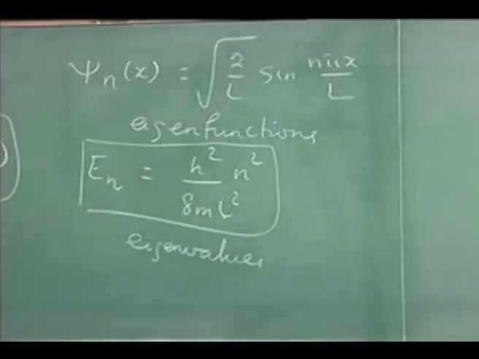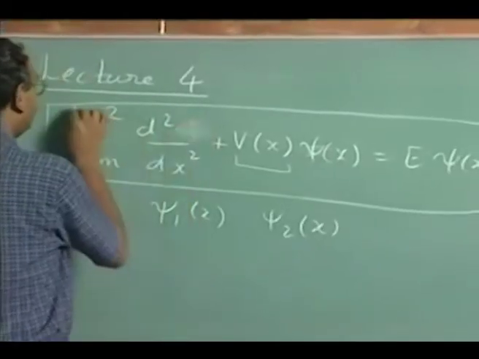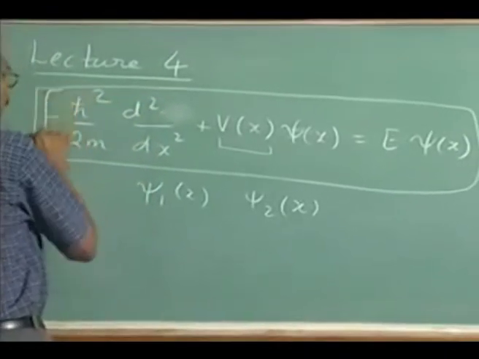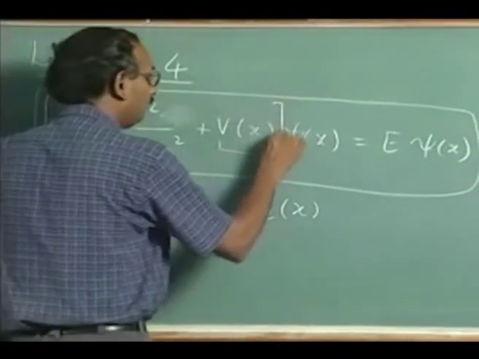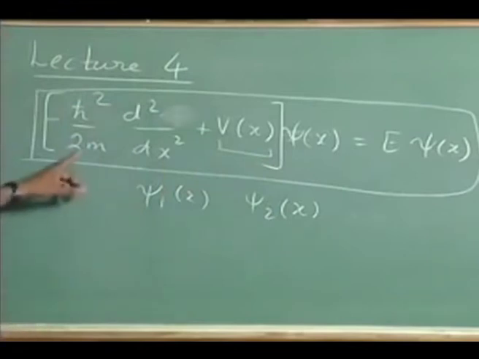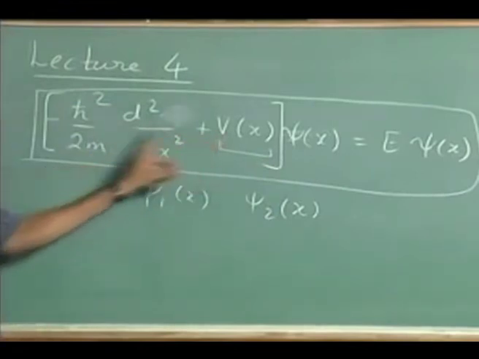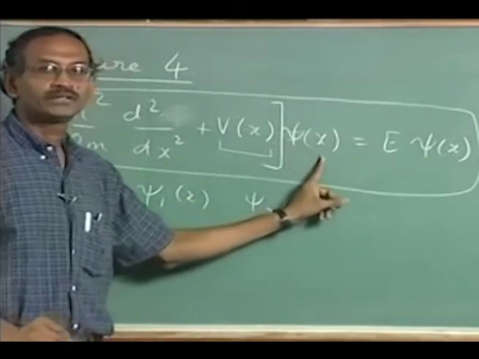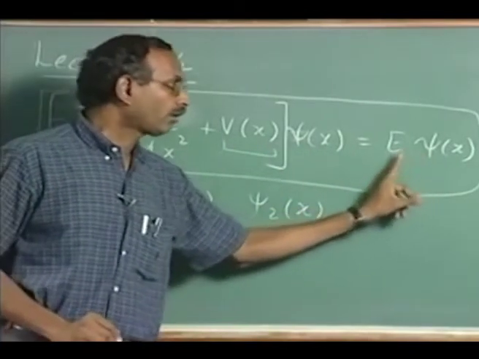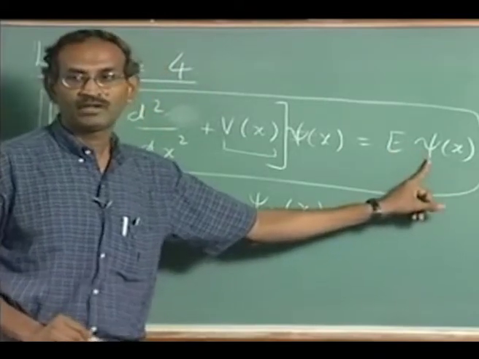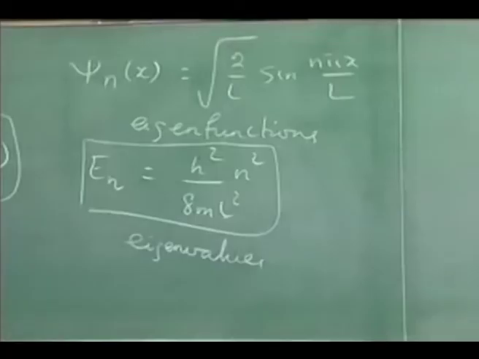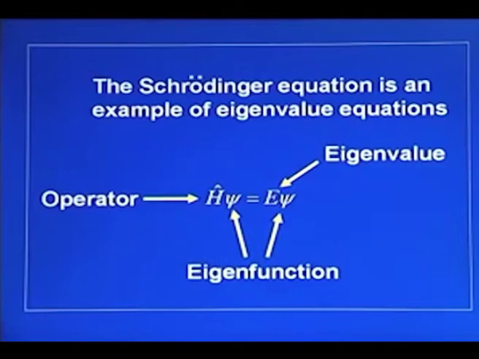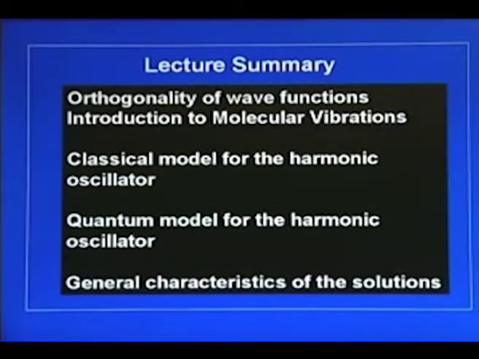Thus you can call the operator minus h bar square d square by dx square by 2m plus V of x the Hamiltonian operator, acting on a function giving you a constant times the function itself. Such solutions are called eigenfunction solutions, and the equations are called eigenvalue equations.